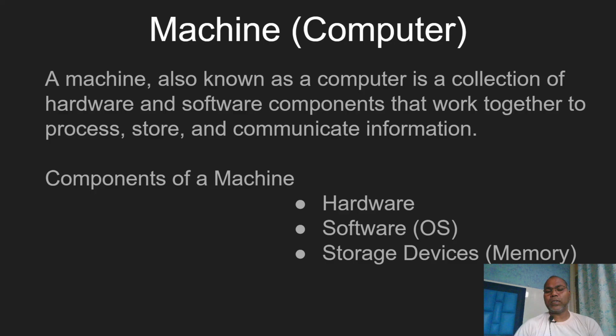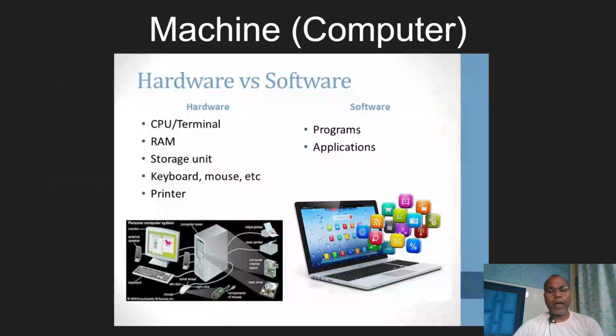So these are the basic concepts about machines. Your hardware can be the CPU, RAM, storage unit, keyboard, printer, all are hardware. And the software means all the programs, whatever you are accessing or reading. This is the one thing about the machine.